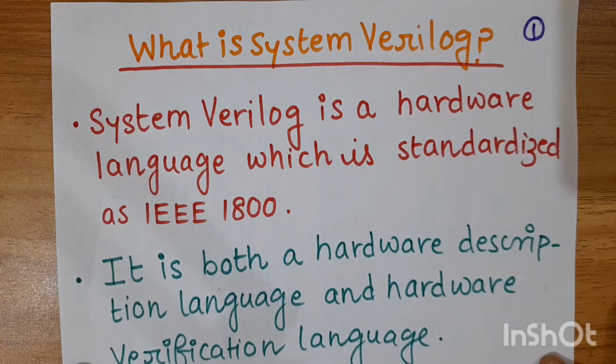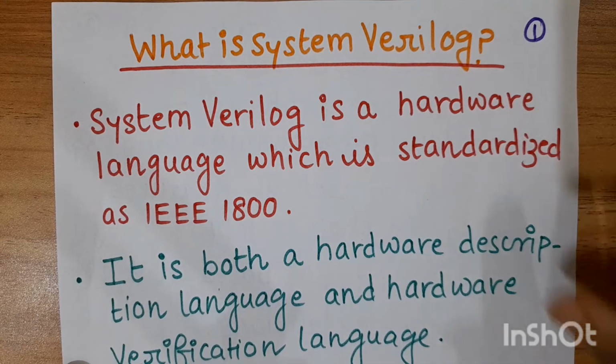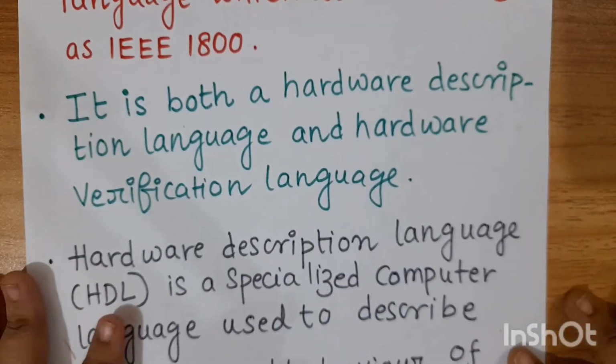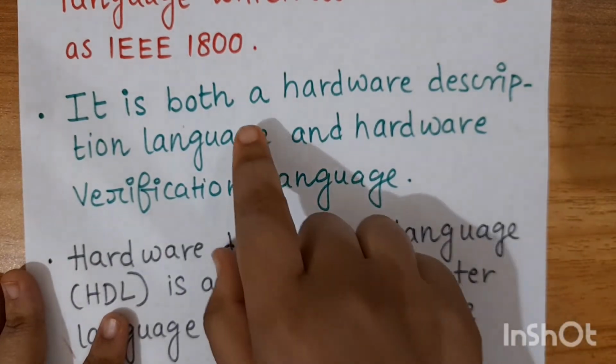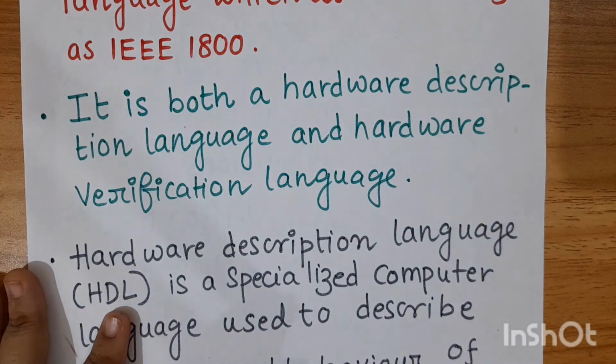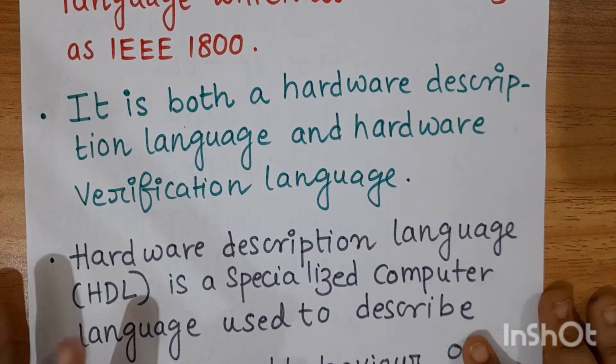So it is used both for the modeling purpose and the testing purpose of electronic circuits. It is a standardized IEEE 1800 language. So SystemVerilog acts as both a hardware description and a hardware verification language.